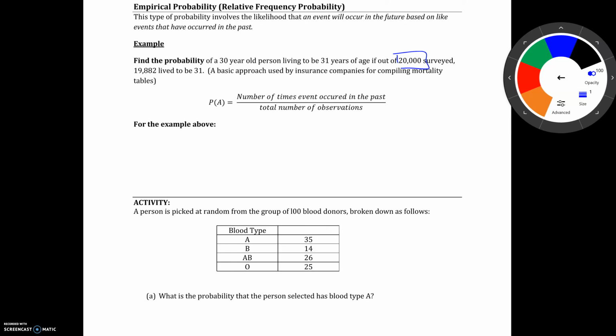So if we want to use that data and predict the probability that somebody who's 30 lives to be 31 based on this data, we'd look at the ratio of the number of times that event has occurred in the past relative to the total number of surveys that were examined. And so in this case, we'd find the probability comes out to 0.9941 when we calculate that out and round to 4 decimal places.